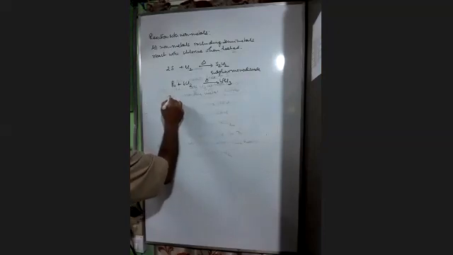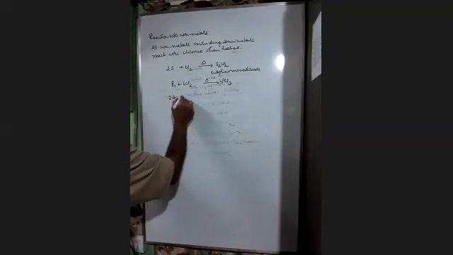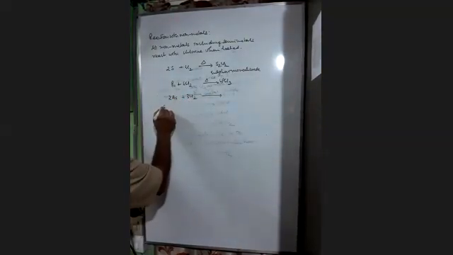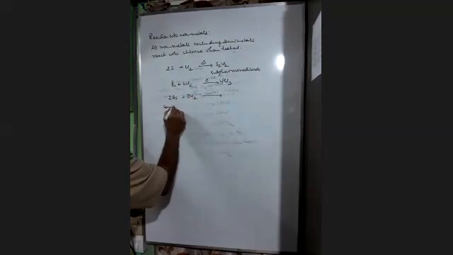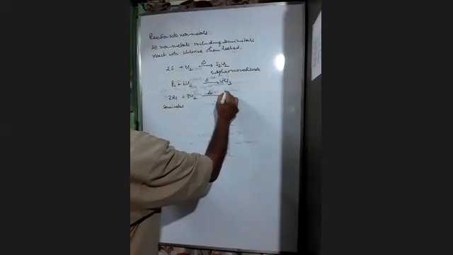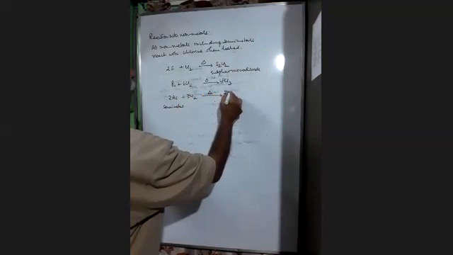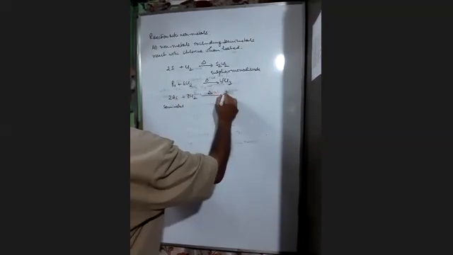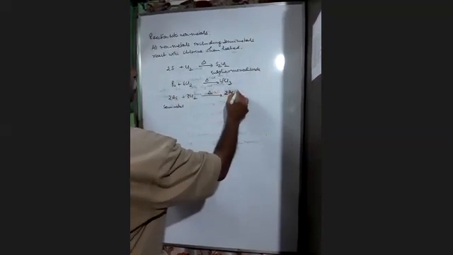If I have taken arsenic, arsenic is a semi-metal. So if you heat it, you'll get 2AsCl3, arsenic trichloride.